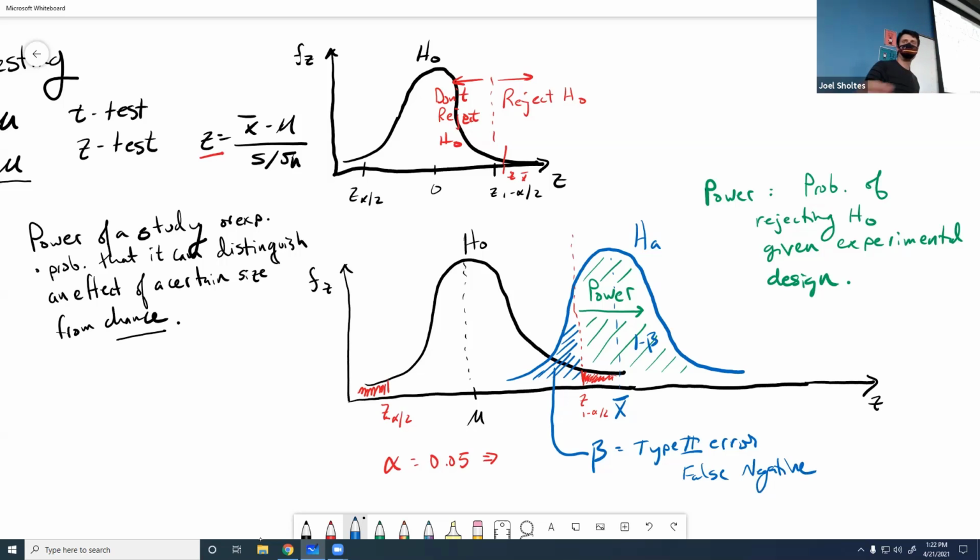And if we put it in these terms, we can go back to alpha and say, okay, when I do my hypothesis test and I find a Z value that is pretty extreme, I still have a 5% probability that my sample actually came from the population that I'm trying to distinguish from, that it's not in fact different.